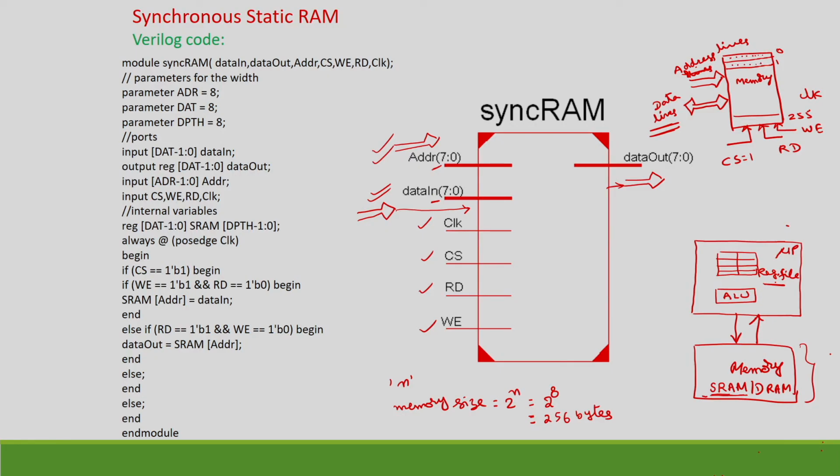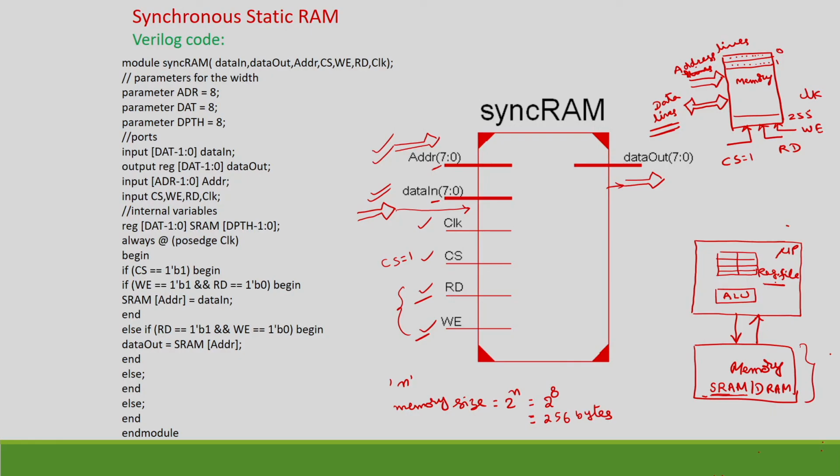Now, we can perform either a read operation or a write operation using two different read and write signals. In order to perform either, the initial condition is that chip select should be 1. If chip select is not 1, we can perform neither a read operation nor a write operation.